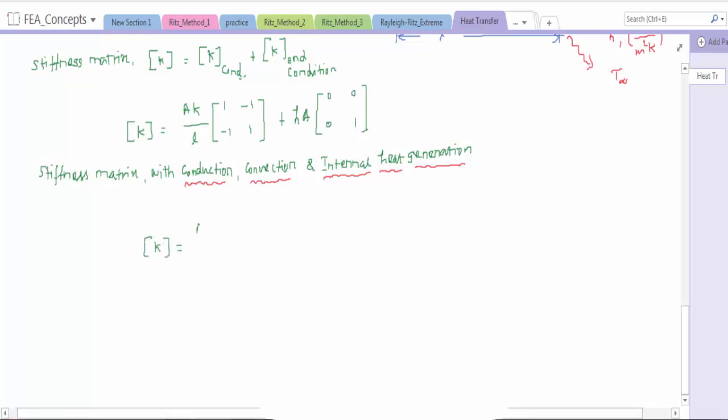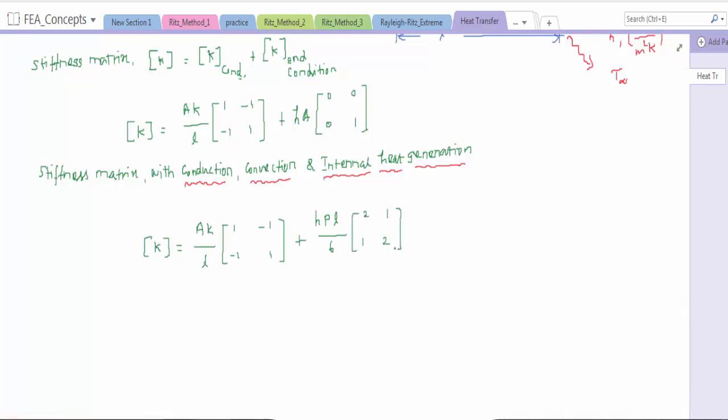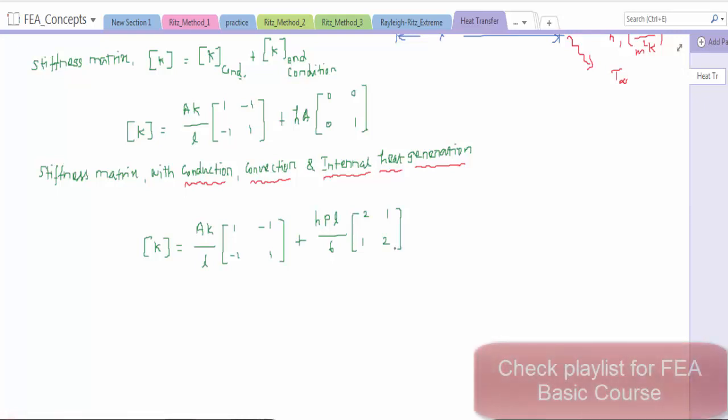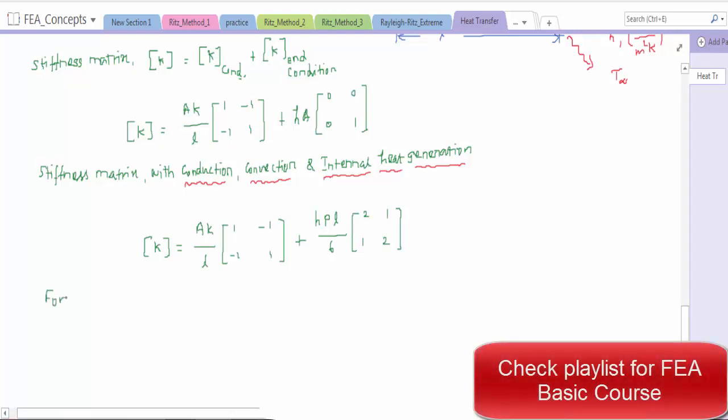K equal to AK by L [1 -1; -1 1] plus hPL by 6 [2 1; 1 2]. So this is for a surface convection. For example, a pin fin can be analyzed by using this stiffness matrix equation.